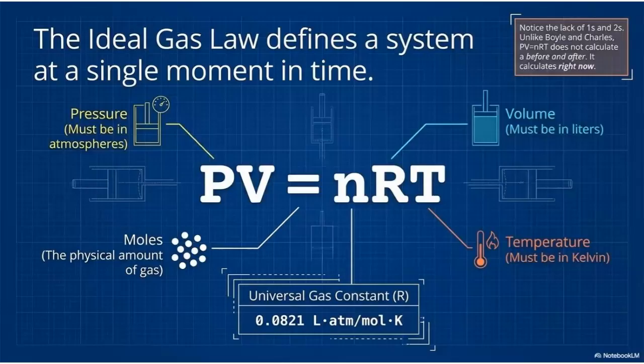Okay, so you have your ideal gas law. And again, we are assuming the gas is behaving ideally. My question to you is, do gases behave ideally? No. We are not going to explore what to do when the gas is not ideal.